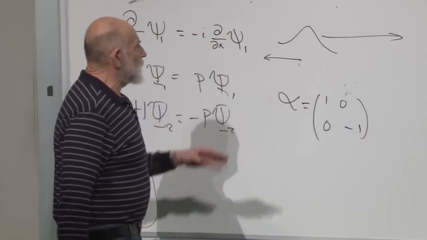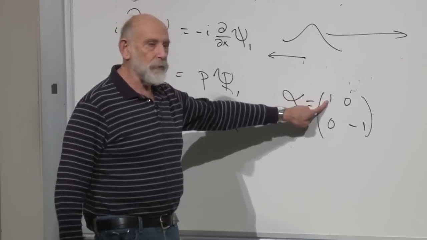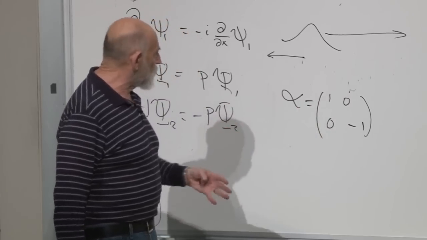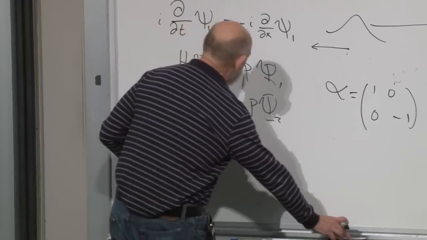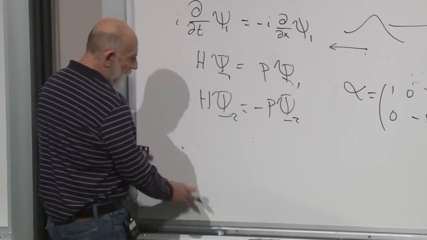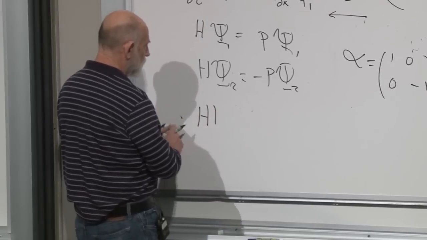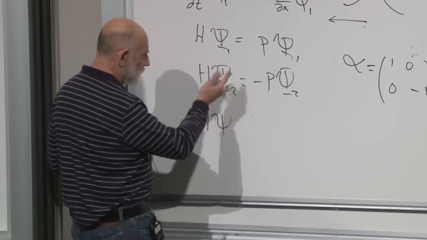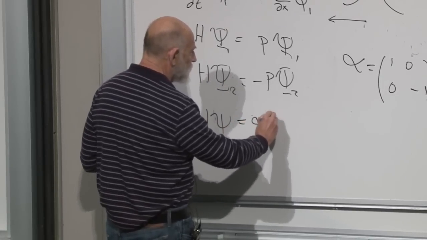And this says that psi 1 is an eigenvector of alpha with eigenvalue plus 1, and psi 2 is an eigenvector of alpha with eigenvalue minus 1. And now we can combine these two equations and just write that H psi, this is supposed to be a simple psi, H psi is equal to alpha times P psi.